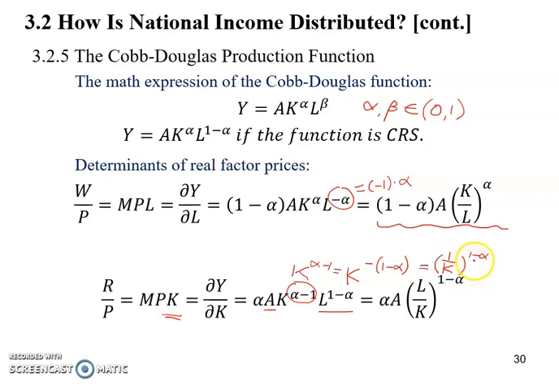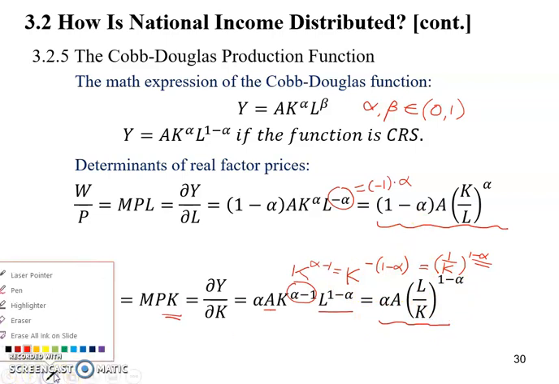Now you find this exponent and the exponent of labor are the same, so we can combine the bases, and we get L times 1 over K, so it's L over K. So this is the expression for the real rental price.